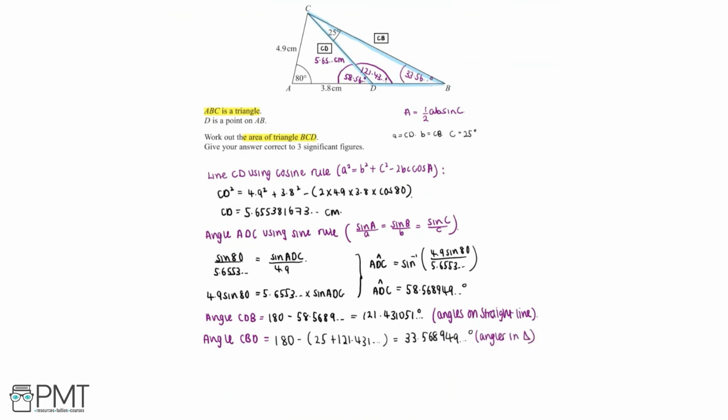Now we can find the length of line CB using the sine rule. We can say that sine 33.56 over 5.6553 is equal to sine 121.431 over CB. When we cross multiply, we'll find that CB sine 33.56 is equal to 5.65 multiplied by sine 121.431.